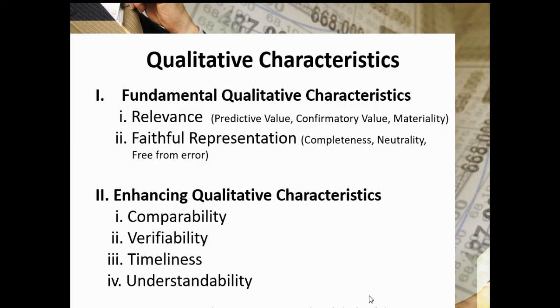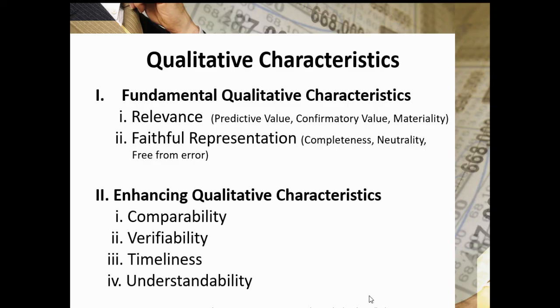Next is verifiability. Information is verifiable if different users could reach a general agreement as to what the information intends to represent. For example, I say red, you say green. So not verifiable. Dapat I say red, you say red.